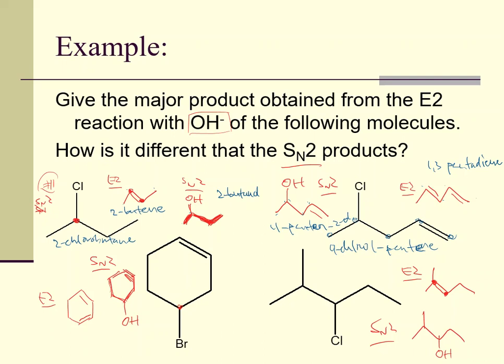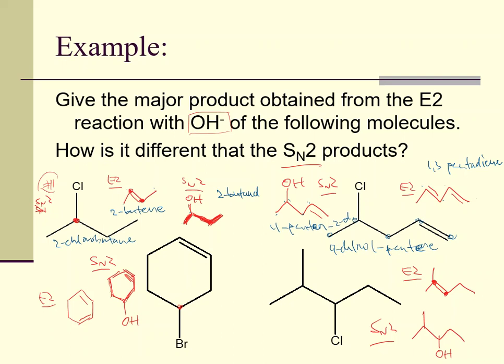So if 4-chloro-1-pentene undergoes an elimination bimolecular reaction, I will end up getting 1,3-pentadiene as a product, preferably with all double bonds in the trans location. And then if 4-chloro-1-pentene reacts with a nucleophilic substitution bimolecular reaction, I will end up getting 4-penten-2-ol as a product, and a reverse stereochemistry will happen.